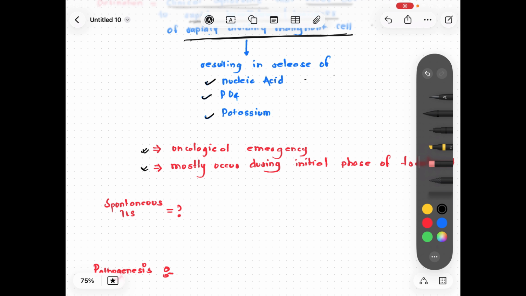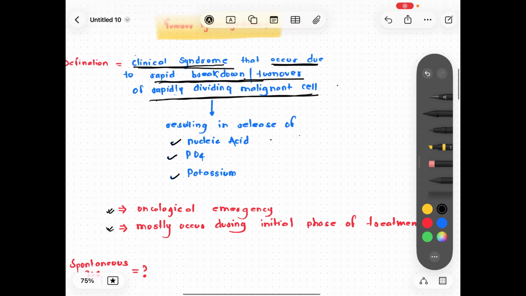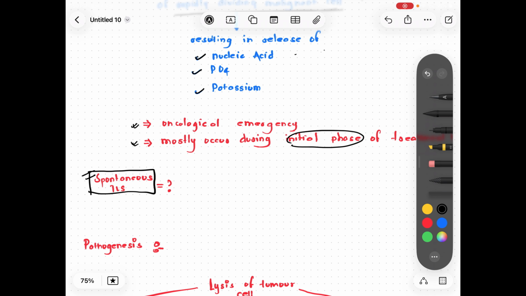So next, when does TLS occur? TLS most commonly occurs during the initial phase of the treatment, when the tumor burden is very high, especially after chemotherapy or radiotherapy. What is spontaneous TLS? TLS occurring without initiation of therapy.